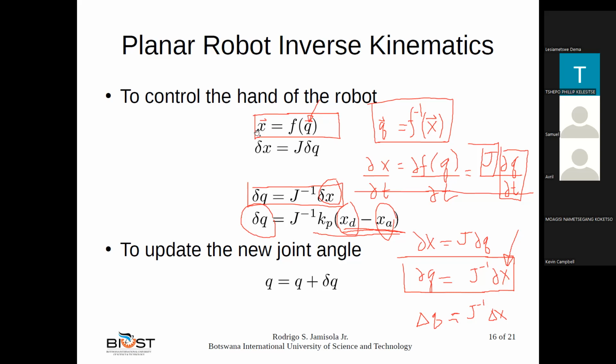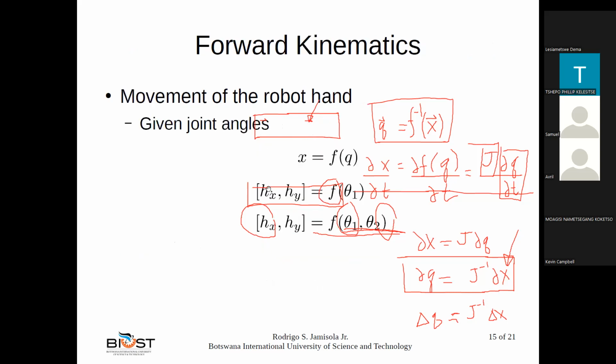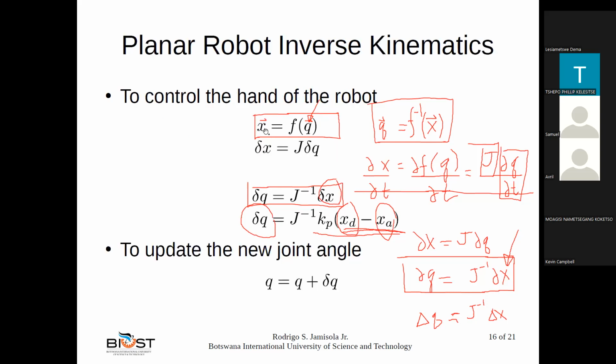And then for X also, instead of saying X, Y, and Z, for example, we represent it with just X. So that means this X vector represents X, Y, and Z, and sometimes including orientation. But let's not discuss orientation because it's a different expression. So let's just say position X, Y, and Z. And then Q is the theta 1, theta 2, theta 3.